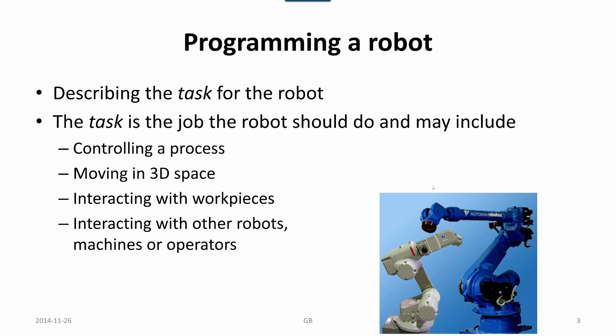The task is the job the robot should do and may include controlling process, the moving of the robot arm for different workpieces in 3D space or devices, whatever it is, interaction with workpieces, meaning interaction could be between the robot end effector and the workpiece, but also different kinds of processing operations, which could be welding, laser cutting, polishing, deburring, whatever actually, and interaction with other robots, machines, operations in collaborative modes.